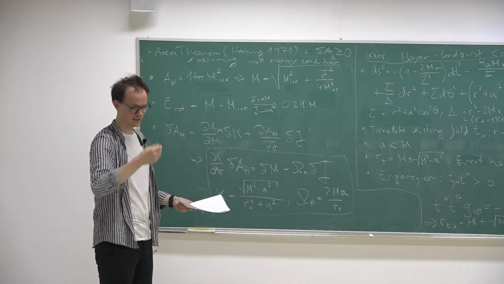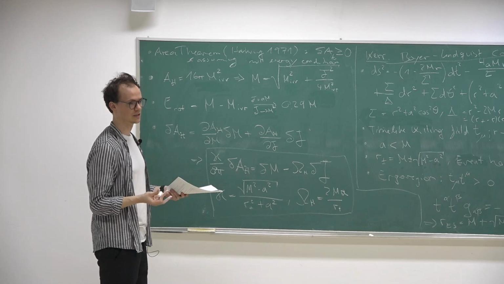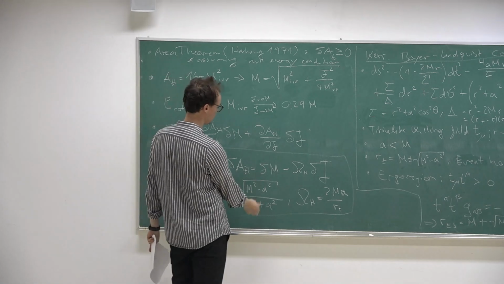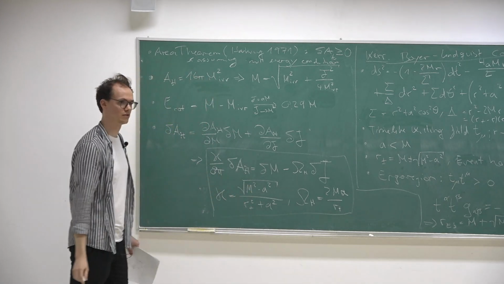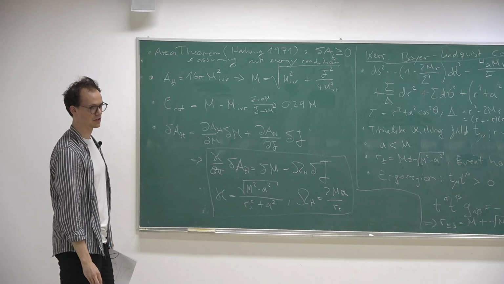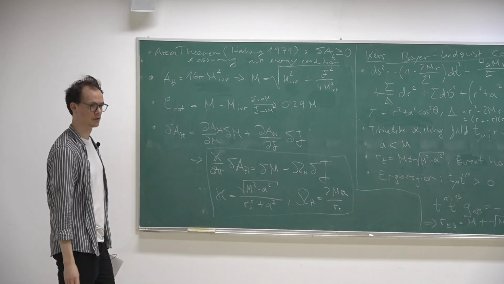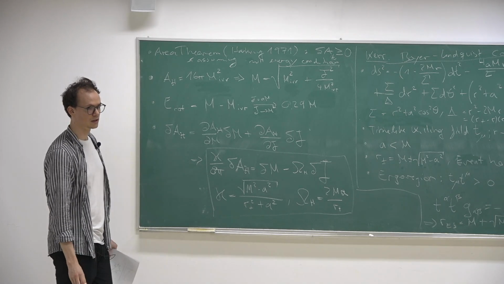There's no string holding us, the floor is pushing us, but the concept is the same. And so if you do that for the black hole, you can then define this as the surface gravity of the horizon. In much the same way that we are standing here experiencing gravity. So it's a sort of acceleration.